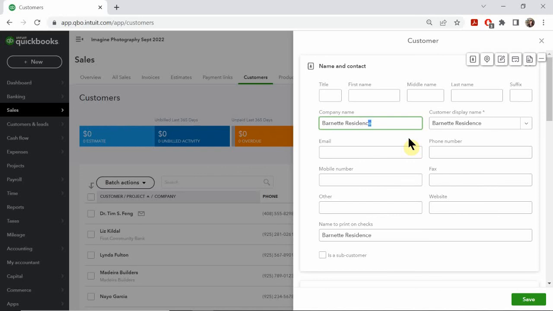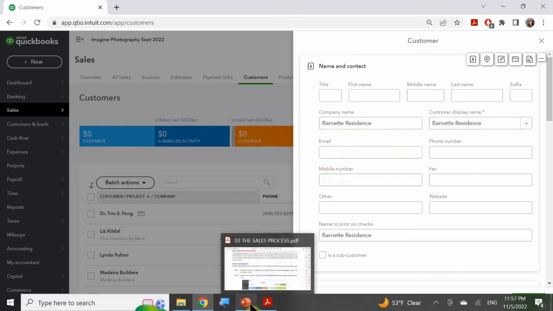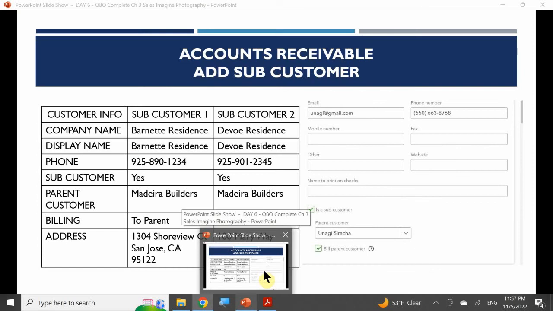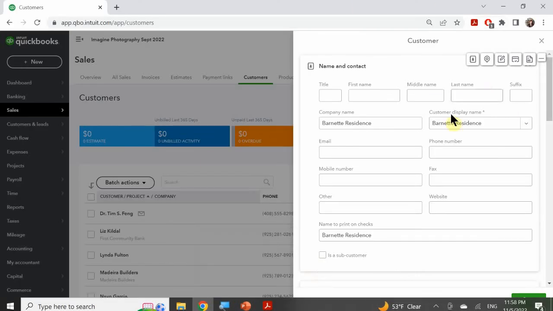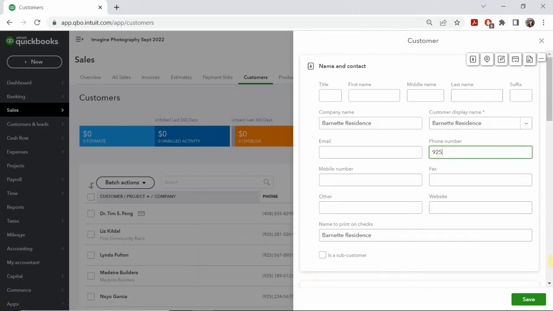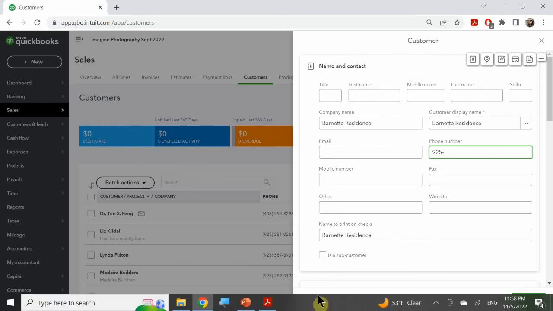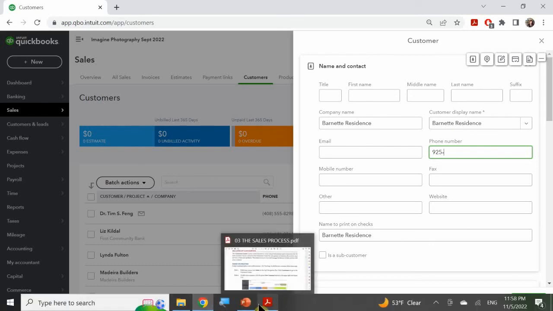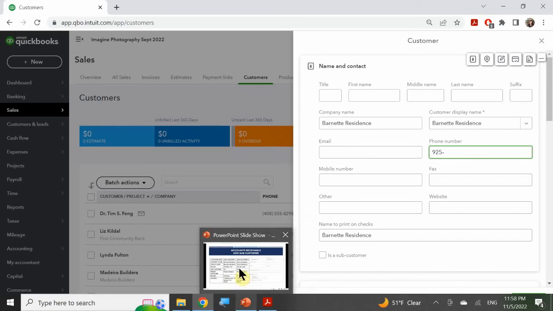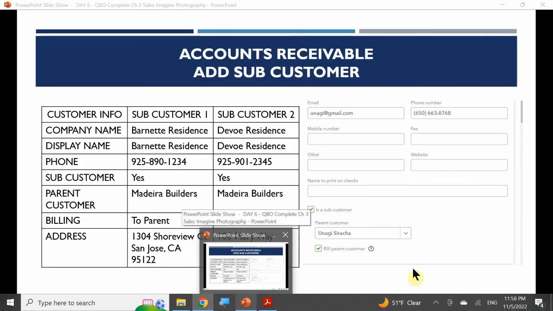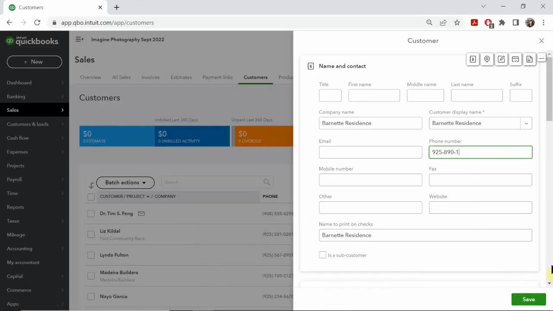Okay, Barnett residents. There you go, it's filled into the display name for you already. Phone number: 925 890 1234.